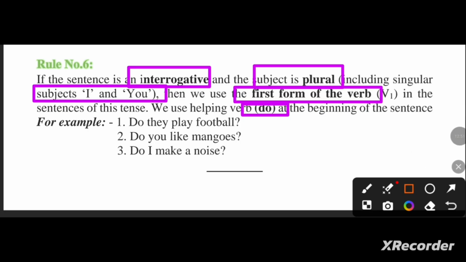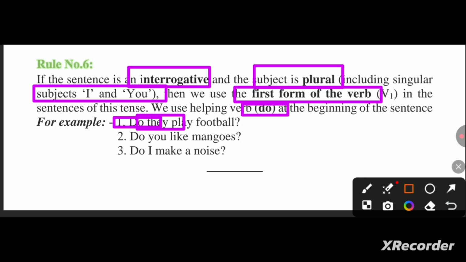Here are some sentences given. Do they play football? Do you like mangoes? Do I make a noise? Here we can see in the first sentence the subject is plural, that is they, and we have used the helping verb do at the beginning of this sentence, and only the first form of the verb play has been used.